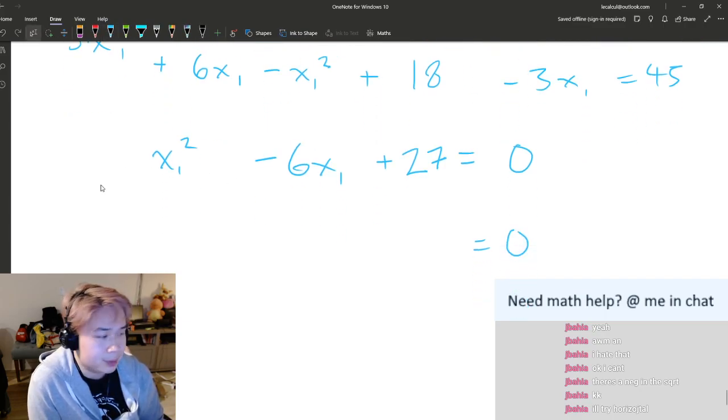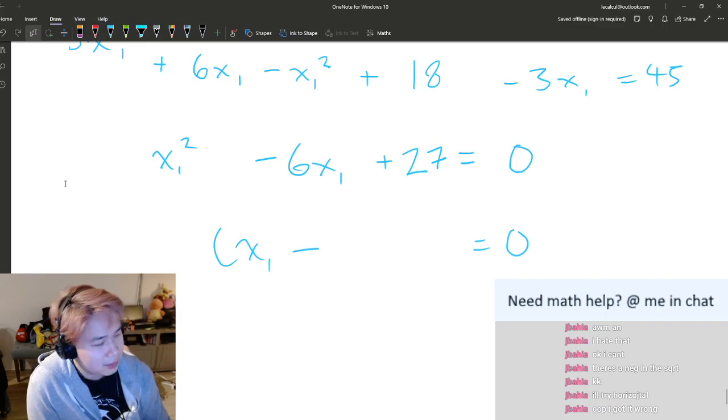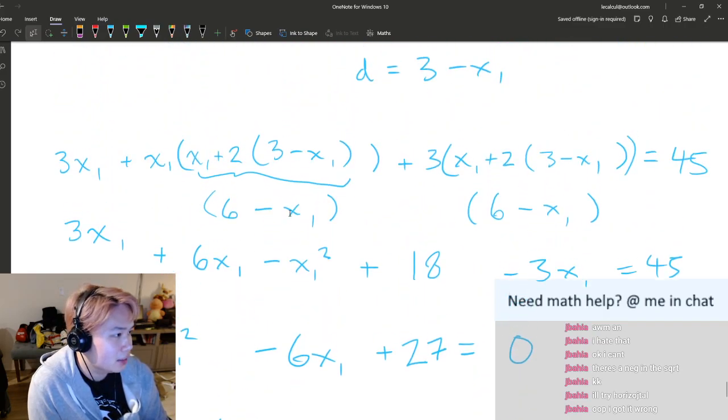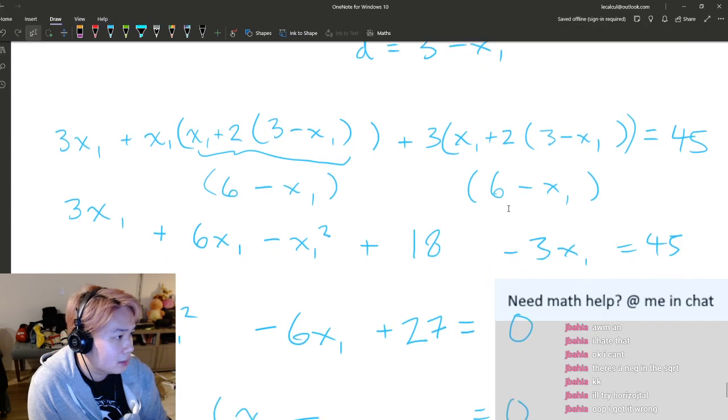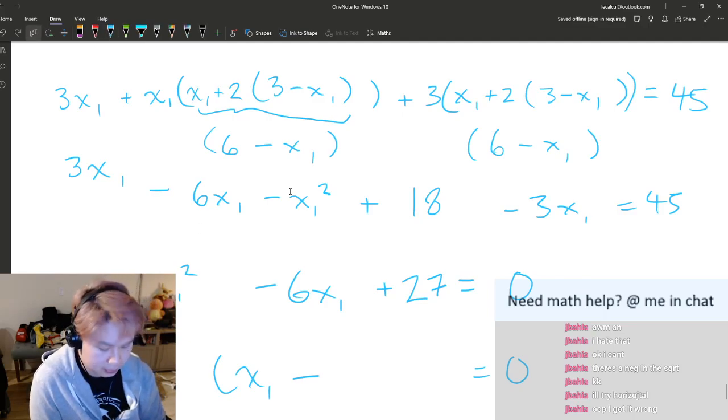So this is way more doable, I think. Although this might not even be factorable as well. Oh wait, what am I doing? This should be a minus here, right? Ugh, late night mistakes. No, this is not a minus.